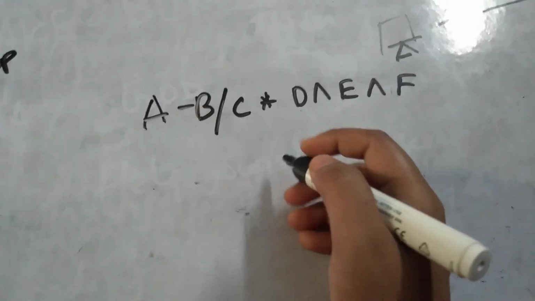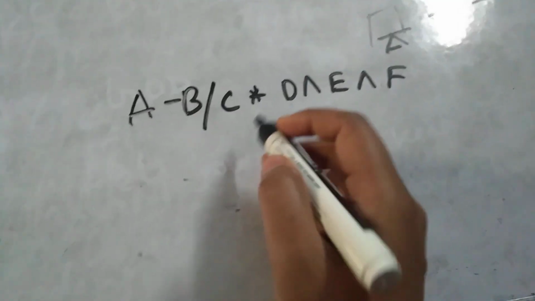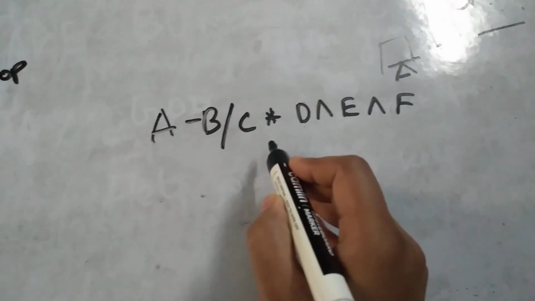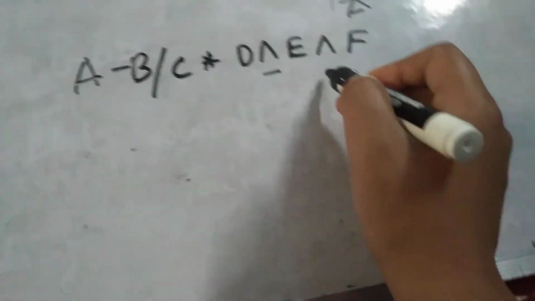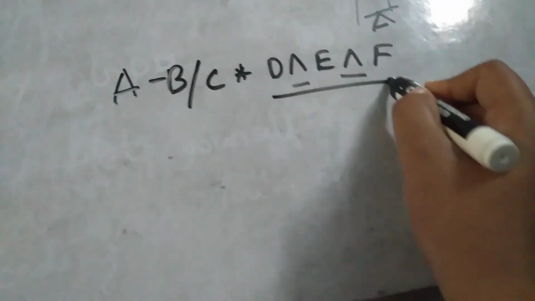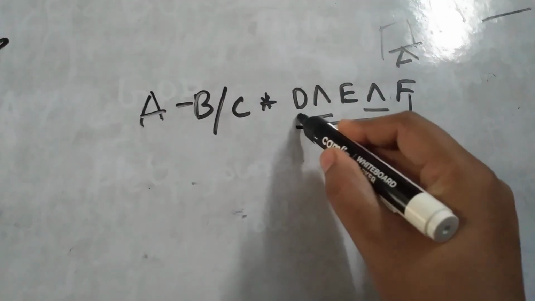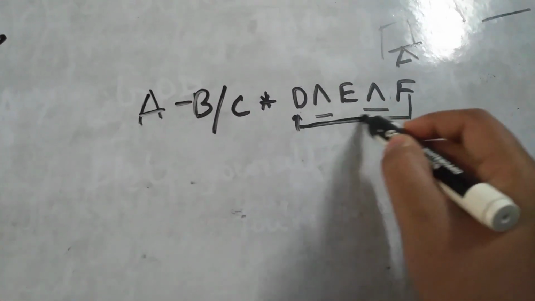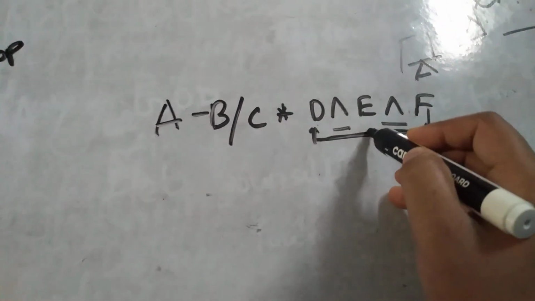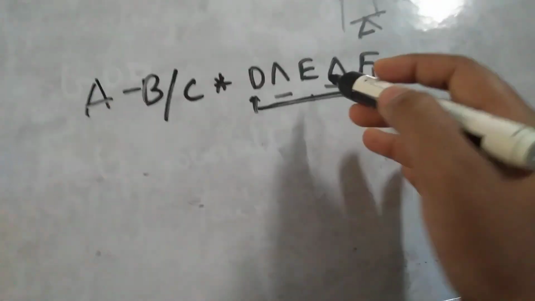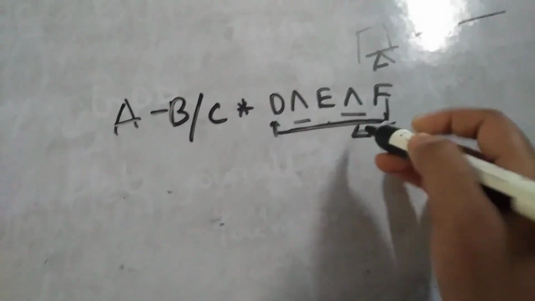What does a human do? A human checks what operators there are. What is the most prior operator? This, the to the power operator. So now we do the operation on this set of elements. Because it is greater priority and right associative, the to the power operator goes right to left, so we check from here.